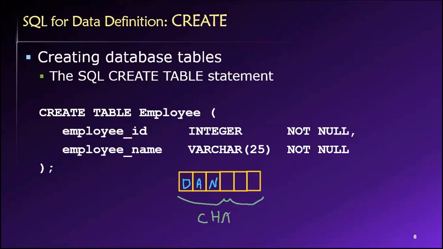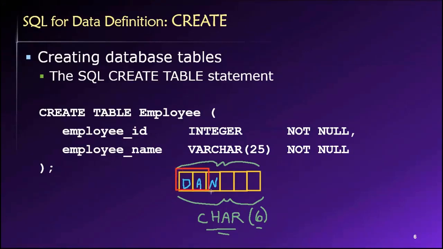So if I had something like char 6, then that's what we would get. When you use a character data type and you specify its length, it will always use this number of storage spaces. Okay? So if I specify a character data type of length 6, I'm always going to use 6 bytes of storage, even if the value that I'm trying to store is shorter than that.